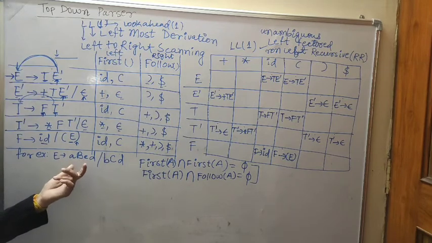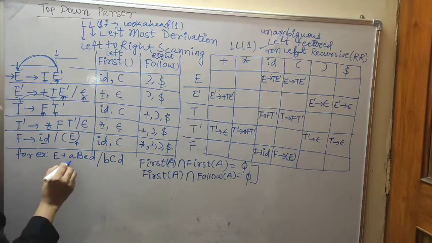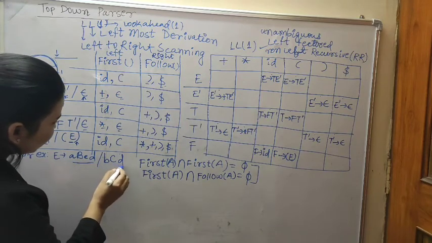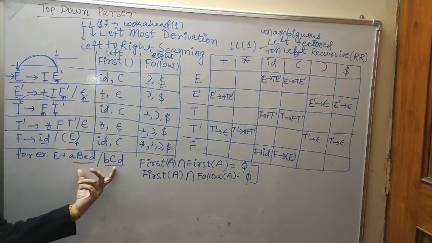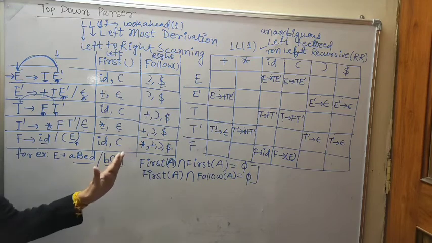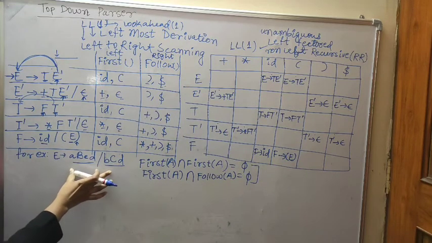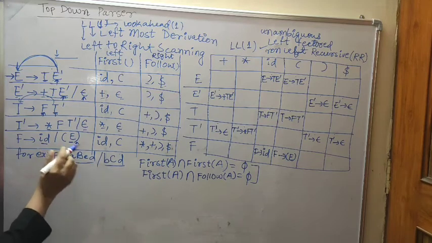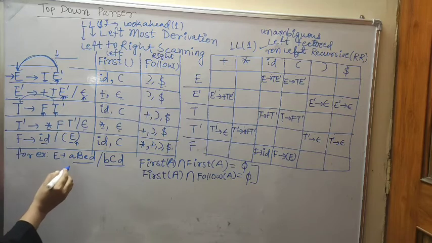Now look, this is the first production rule and this is the second production rule. Whenever in a grammar there are multiple entries, then you will check it. Maybe a third one will also come. Then you will check the first of these, because no epsilon has been given here.